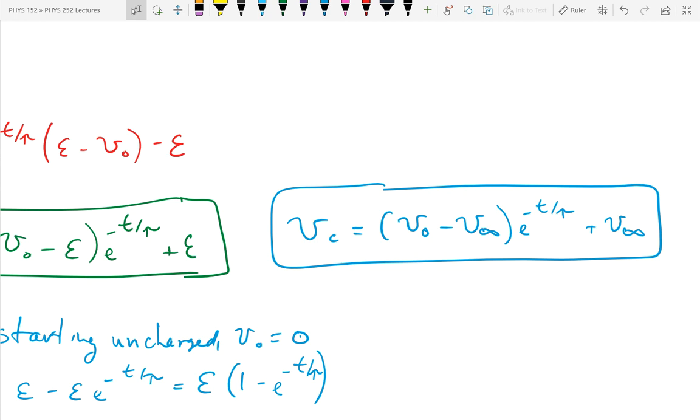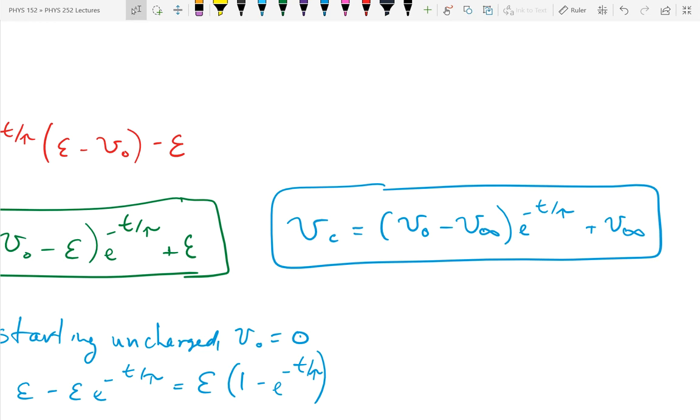Because your circuit could have something other than just a battery there. You could have a complicated circuit connected to it, and the voltage is something else entirely. But if you figure out what the voltage of the circuit would be, the V0 is the voltage the circuit would reach in normal situations after a long time in the initial condition, unless you're given something specific. The V infinity is definitely going to be the voltage you would have after infinite time in the new position of the switch. You determine those two voltages, and then you have all the voltages to put into the equation.